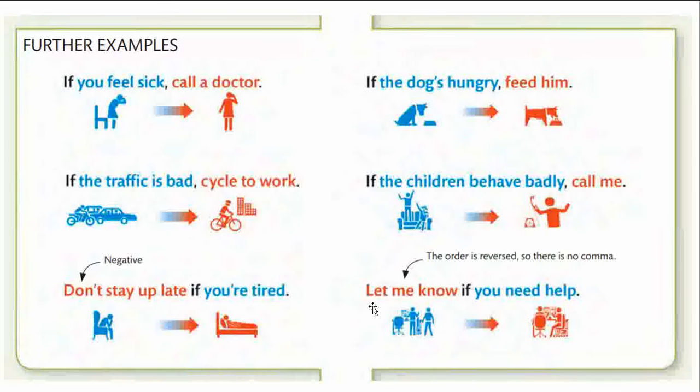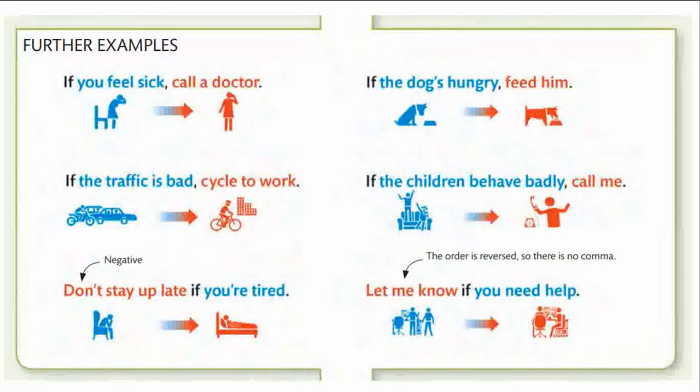Let me know is the imperative, and if you need help is the conditional clause. Now you can see over here, the conditional clause could have come first, followed by a comma, but the imperative is brought in front. That is why the comma is dropped. So: let me know if you need help.